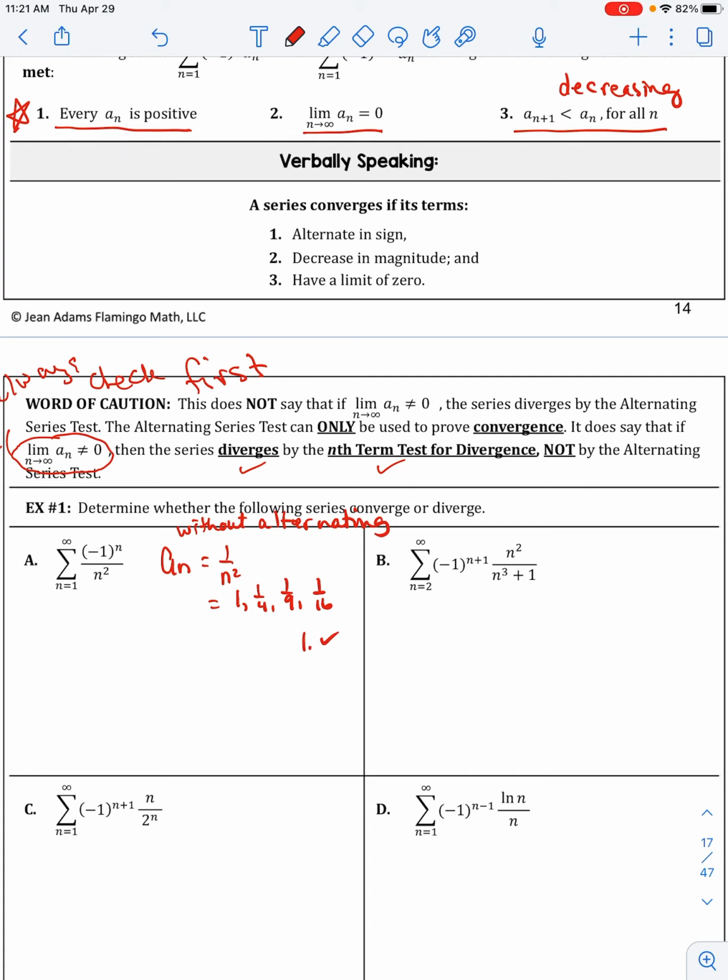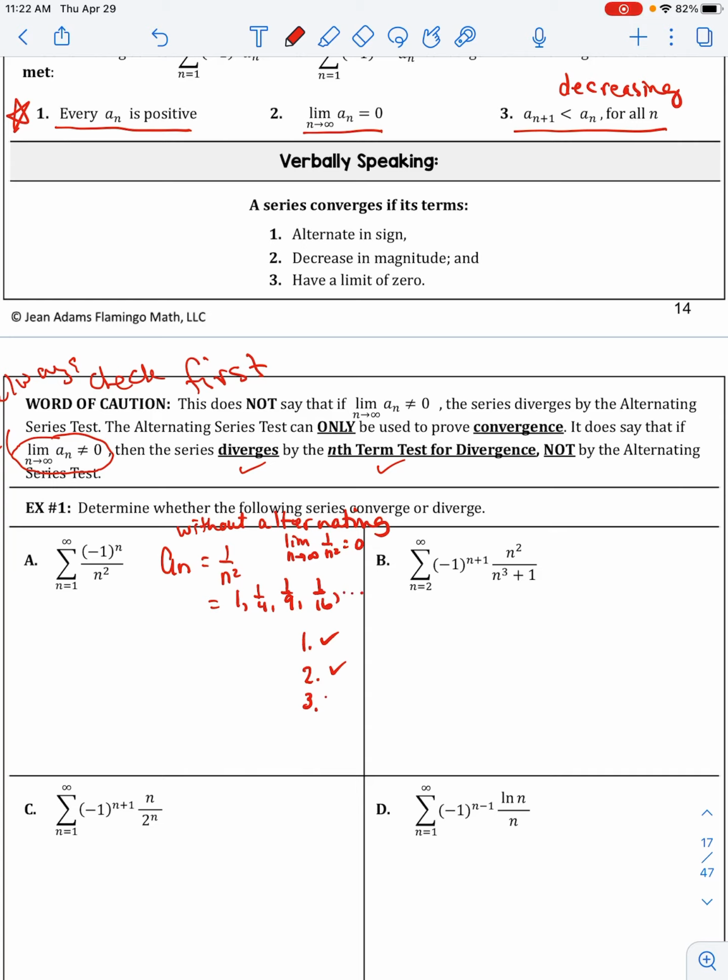Because we just want to ask, first, for my a sub n, are they all positive? So number 1, yep, they are all positive. If I looked at the limit as n approached infinity of 1 over n squared, do I get 0? Yes.